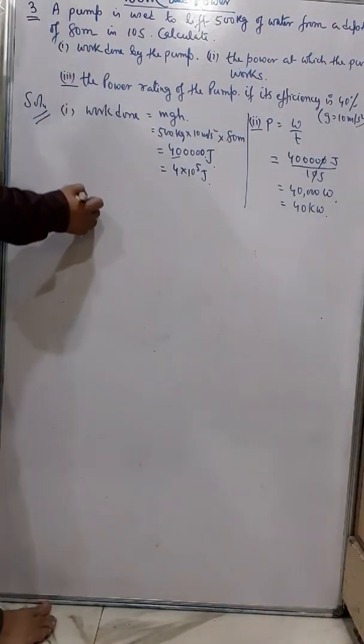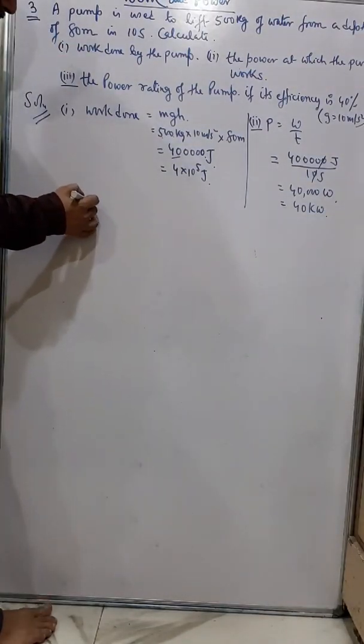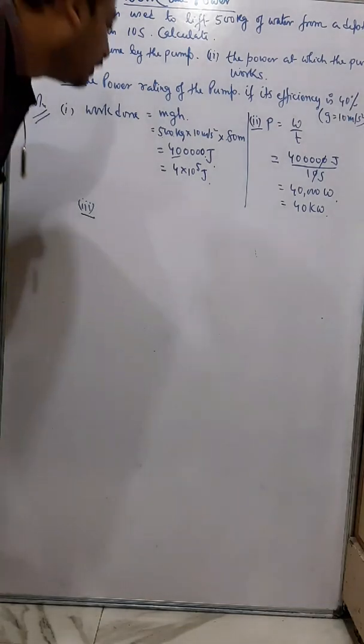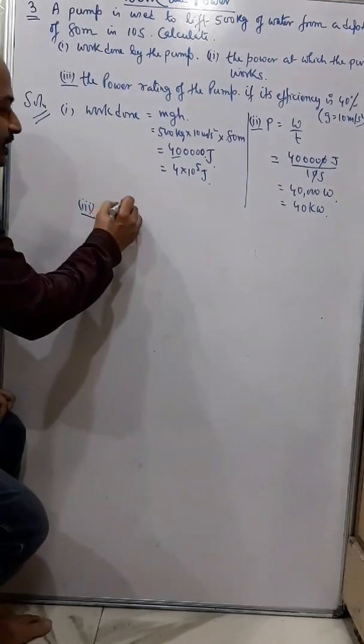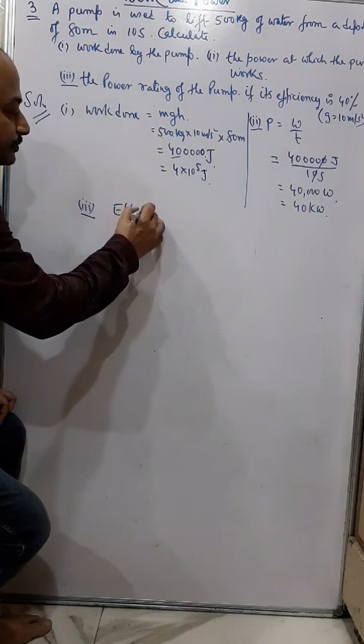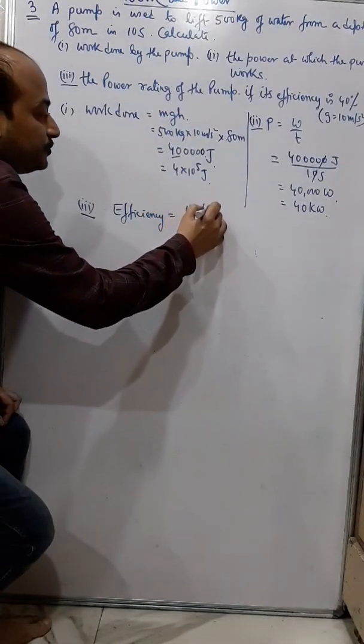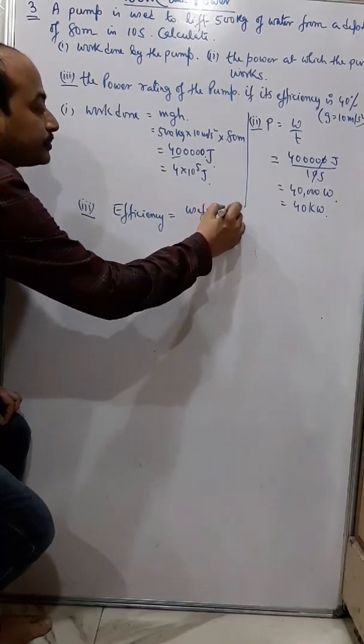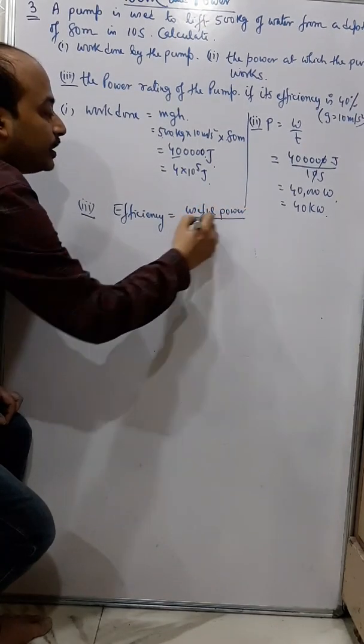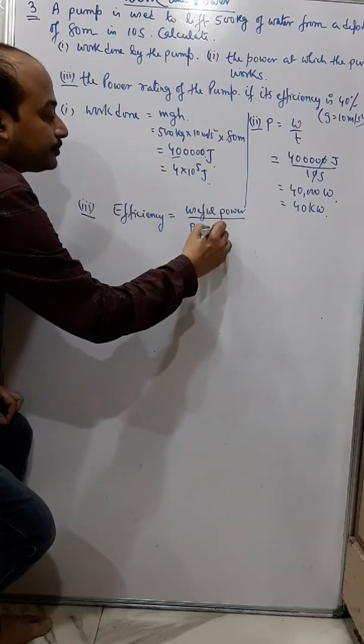Number 3, they told the power rating of the pump, if its efficiency is 40%. Now in fact efficiency is equal to useful power by power input.